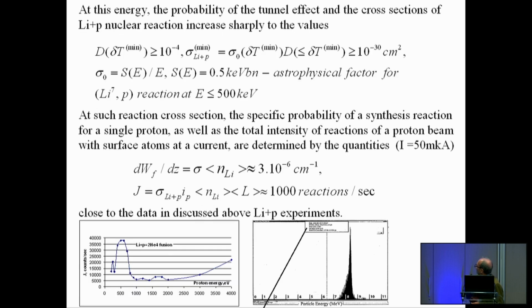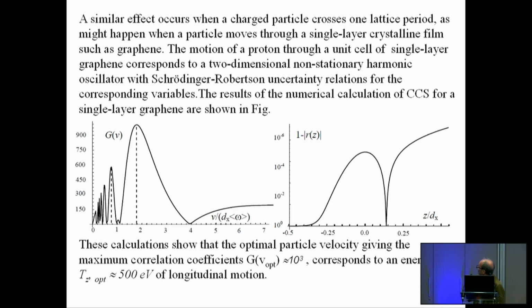So this calculated result is in very good agreement with the experiment, both for this value and also this. And the final part: if we have only a very short period of oscillation, we have the same effect, because in this process a very long periodic structure is not necessary, even one period is enough, because in any non-stationary potential well it is possible to calculate the Fourier component at the necessary frequency.